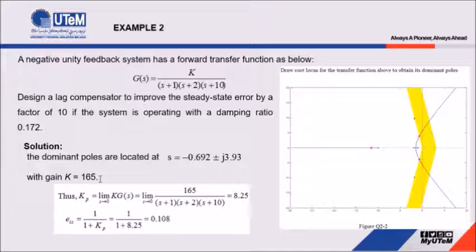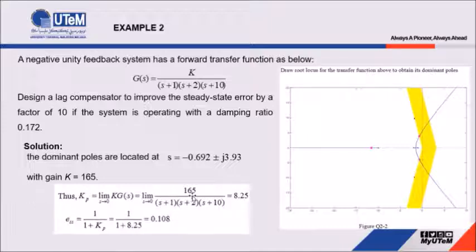Okay, next step, in order to improve the steady state error, first we have to know the current steady state error. That means we use the formula to find the error. So first we start with Kp equal to limit s to 0 of KG(s). We put this equation inside this formula, G(s) here. Then we substitute the value of K that we have calculated, and then we substitute all s in this equation with 0.